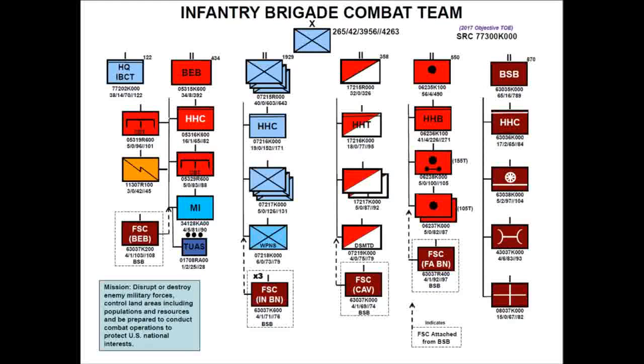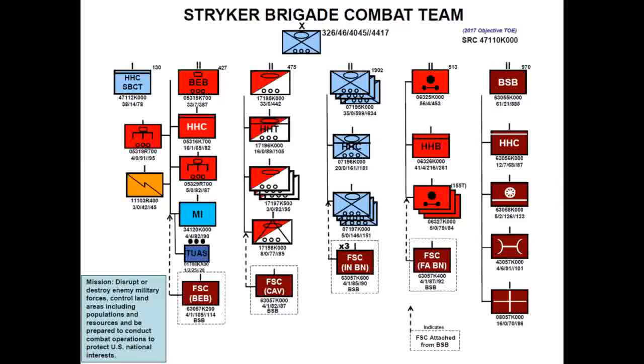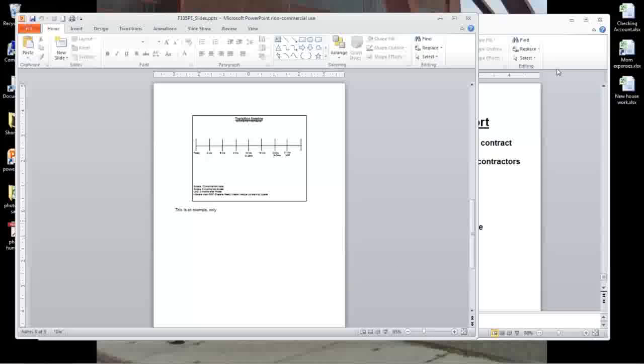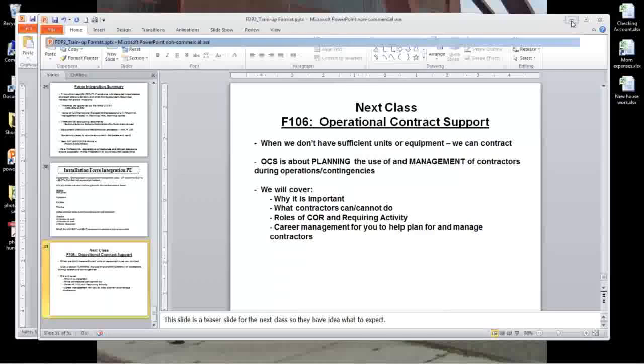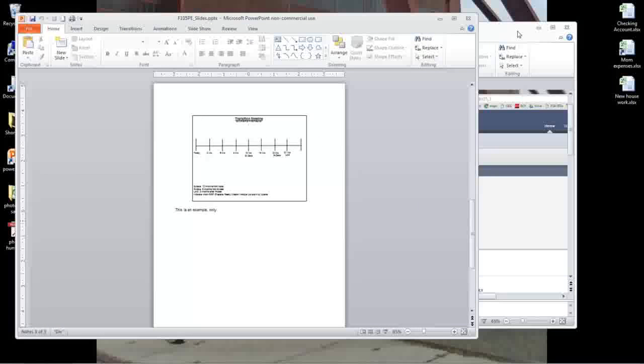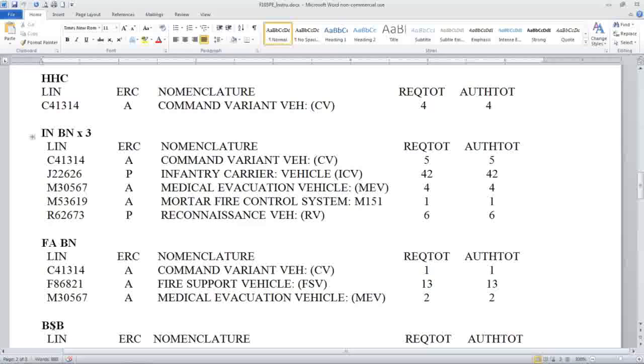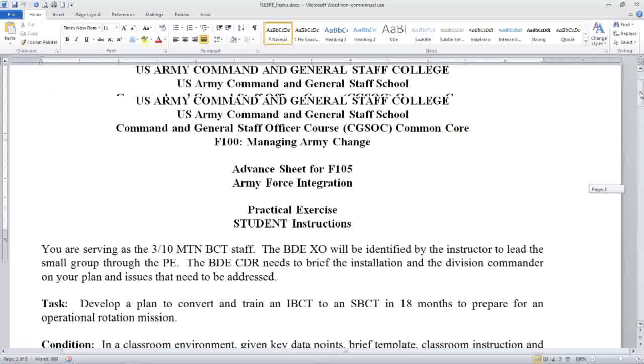There's the infantry that they currently have and the Stryker that they're going to. And then here's a draft slide timeline that they can use with all the key dates that they need to know. And on the instructor answer notes, which we didn't pull up, we have some of what it should look like, but that's on you to look at.